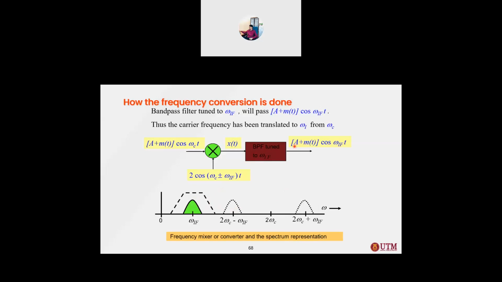The resulting signal will be A plus m(t) cos omega IF t. So you see here, instead of having the higher carrier frequency, we now have only the intermediate frequency, the 455.